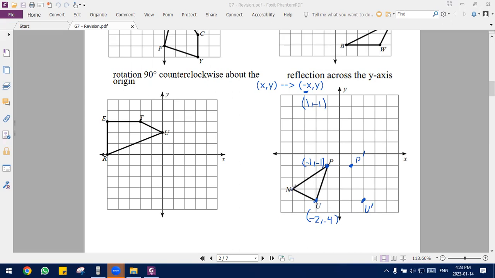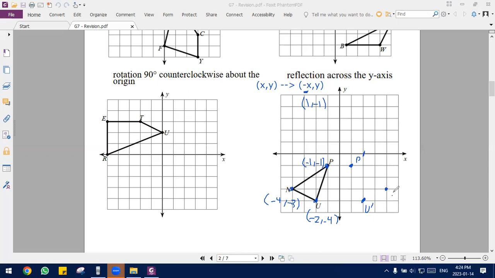Now, the coordinate of N, 4 steps to the left, this is minus 4. 3 steps down, this is minus 3. So it's (-4, -3). Now, how do we solve it? We change the sign of x, which is minus 4. It will be (4, -3). X is 4, y is minus 3, it's here.